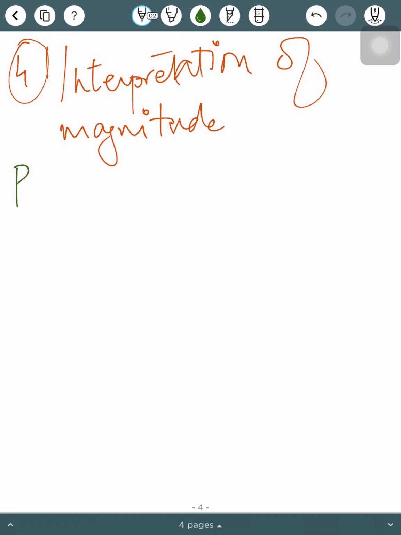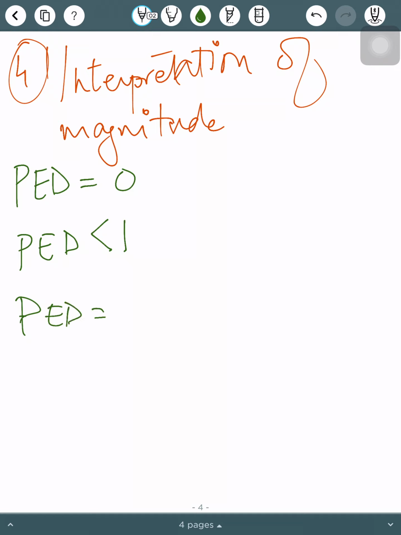For example, PED of a product could be 0. PED of a product could be more than 0 but less than 1. PED of a product could be equal to 1. PED of a product could be more than 1.